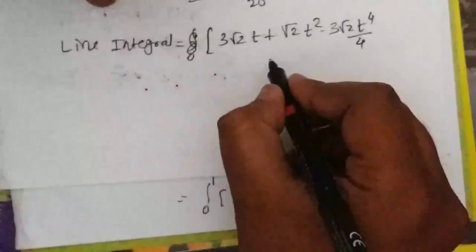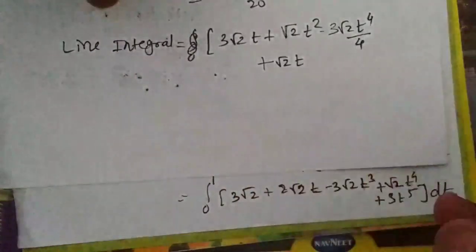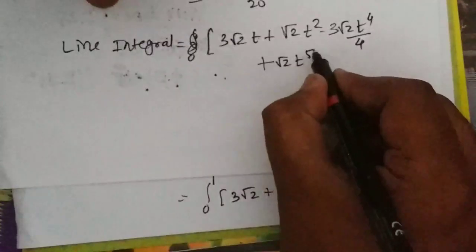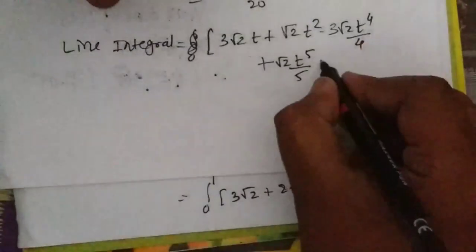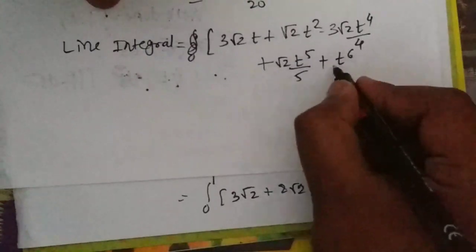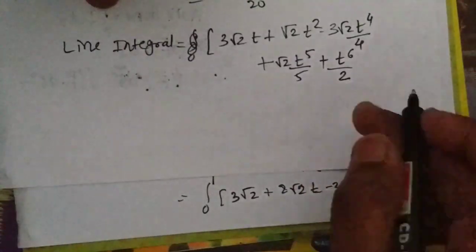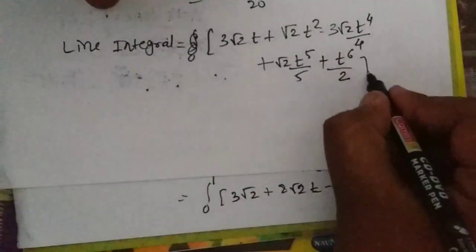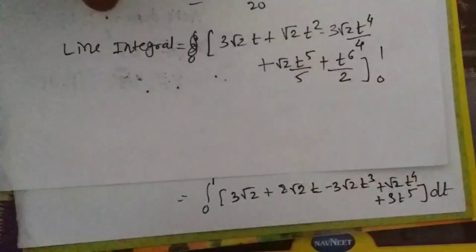The next term is root 2 t raised to 4, and the integration of t raised to 4 is t raised to 5 by 5. The last one is t raised to 6 by 6 into this 3, which will be t raised to 6 by 2. Okay, 3 by 6 is 1 by 2. And the limits of this integration are 0 to 1.